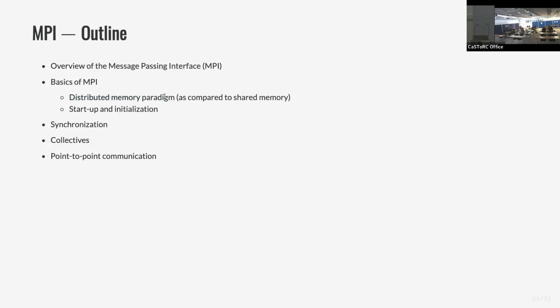So if you want to write your own application that can span more than one node, so that you have this thing running and it can run beyond one node, so utilize more resources than what is available on a single node, then the most common way to do this is using this message passing interface that we will look into today.